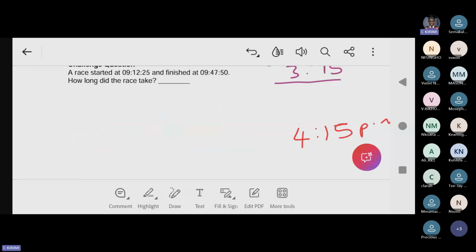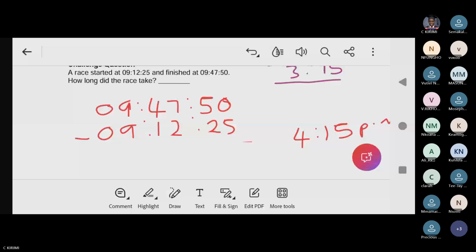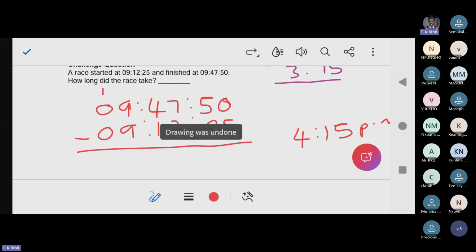Remember we said these are hours, these are minutes, and these are seconds. So the time now has hours, minutes, and seconds. The minutes can still borrow from each other.